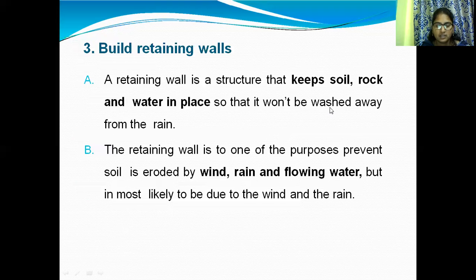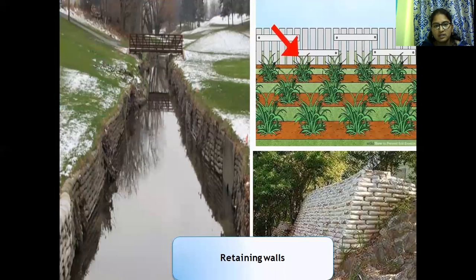And build a retaining wall. The retaining wall is constructed across the slope, and beside the retaining wall we can arrange these types of crops.